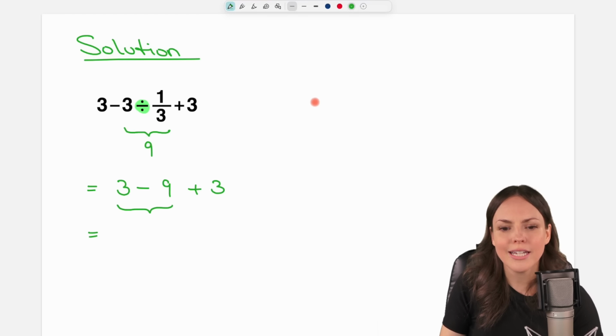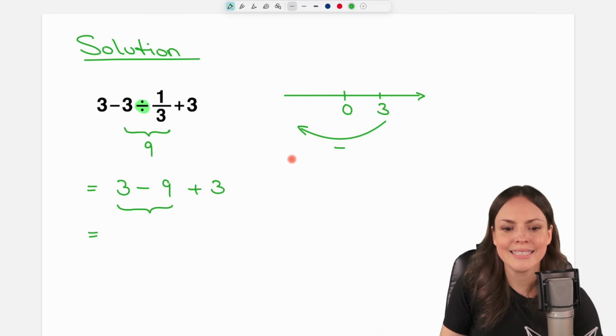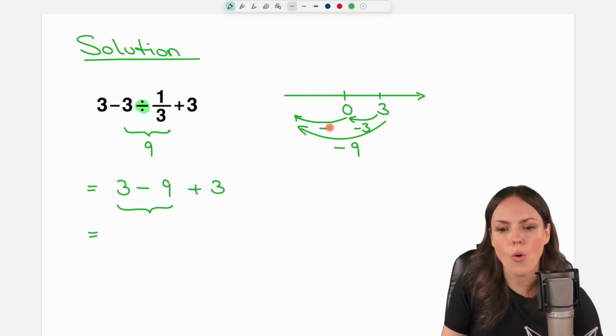We can look at a number line for this because here is the 0. We start at the 3 and we want to subtract 9. 3 minus 9, I can subtract 3 first, then I get to 0, but then I have to subtract 6 more so that I subtract 9 in total, so I will get to -6 here.